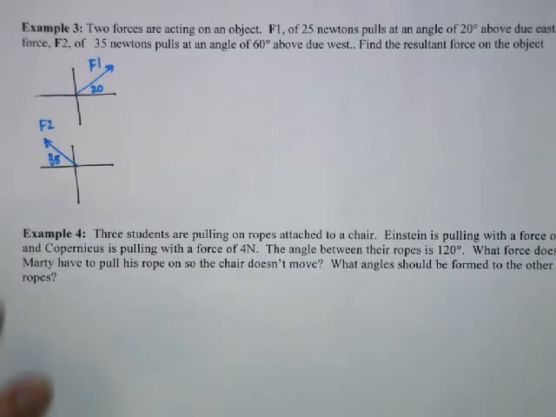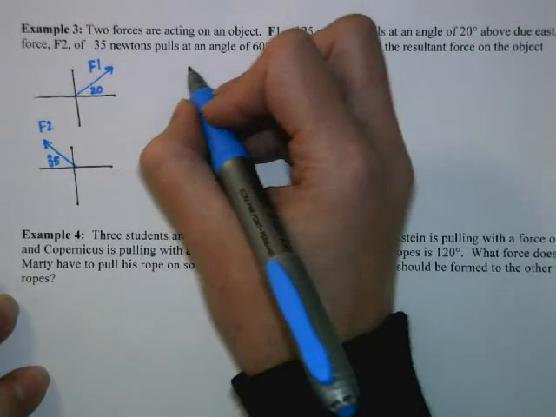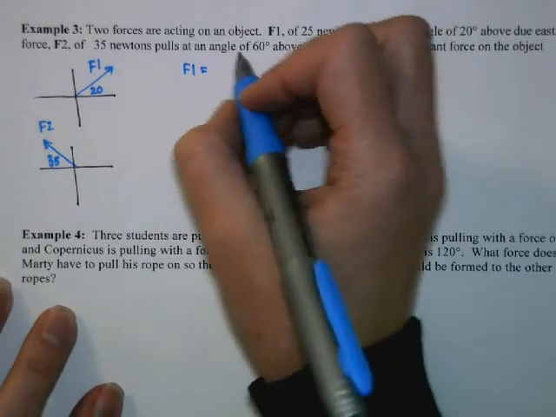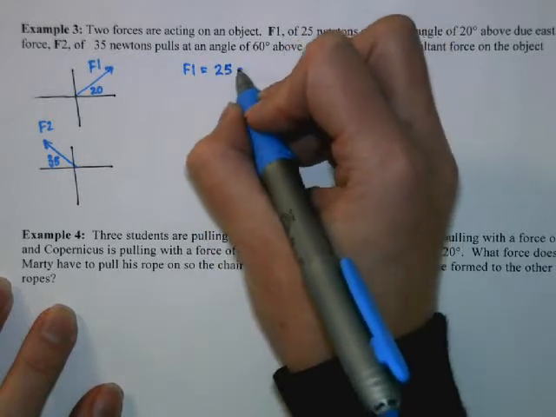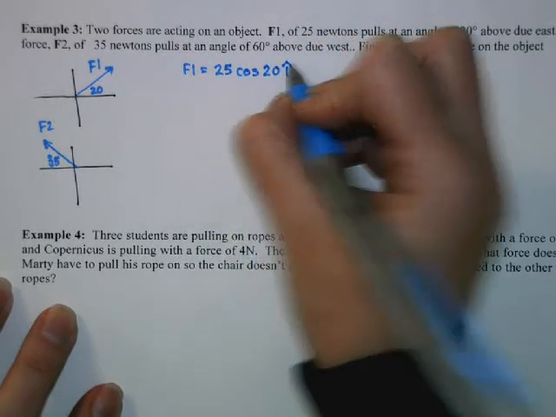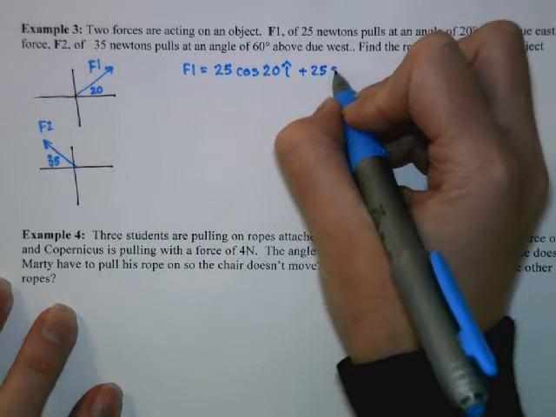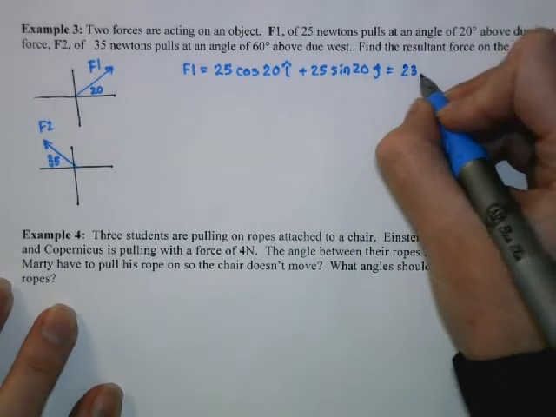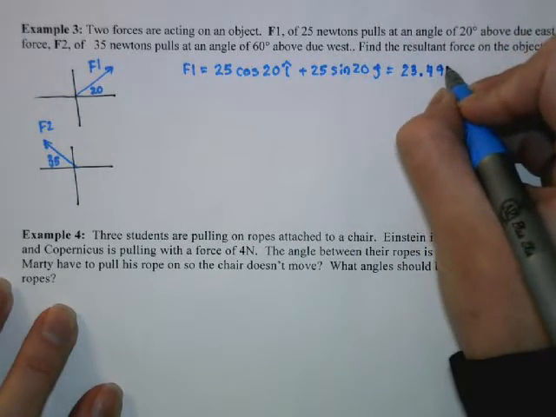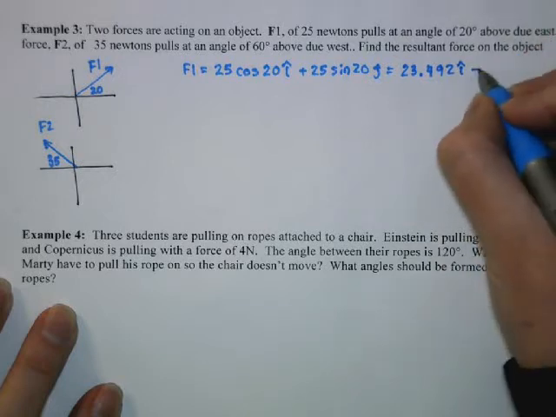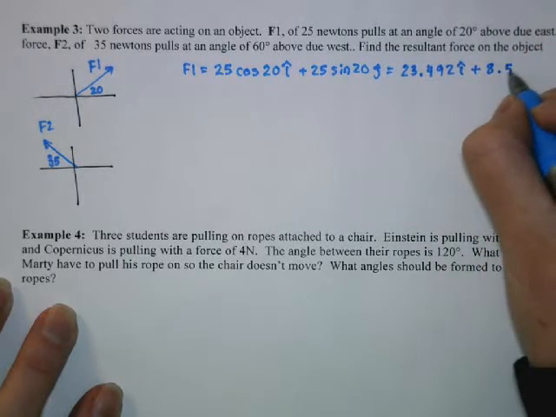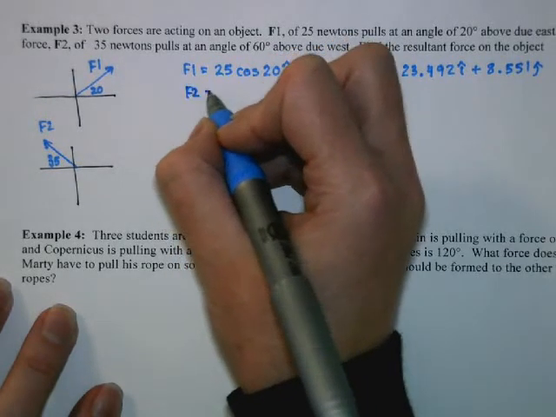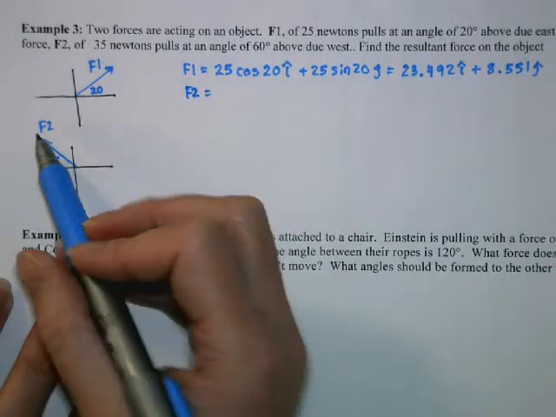Okay, just like always, we're going to break them down into their components. We already have the reference angle, so we're good there. This one's a positive positive, so that's going to be 25 cosine 20 and 25 sine 20. And then 8.551. Okay, then we'll do our second force. This one's going to be a negative positive.